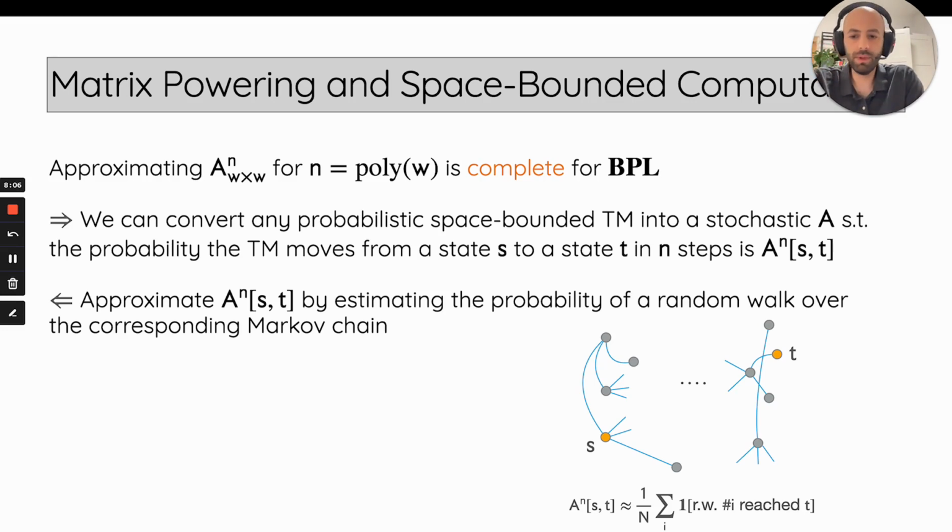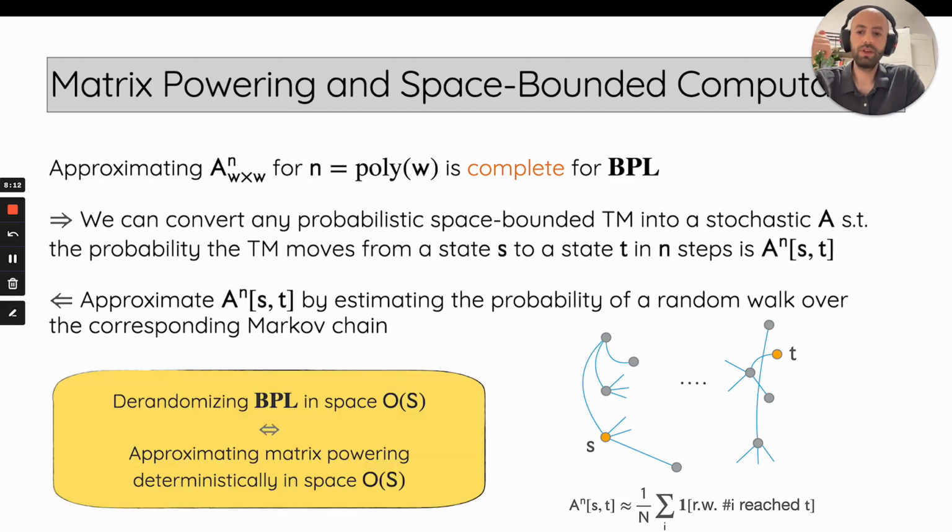We can approximate any entry in A to the n by taking random walks. So de-randomizing BPL in space O of S corresponds to approximate matrix powering deterministically in space O of S.